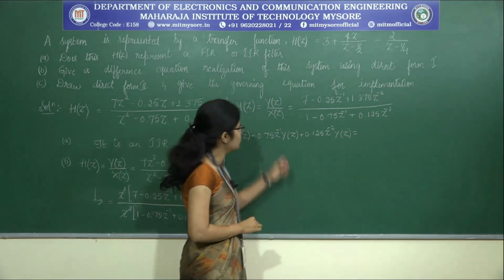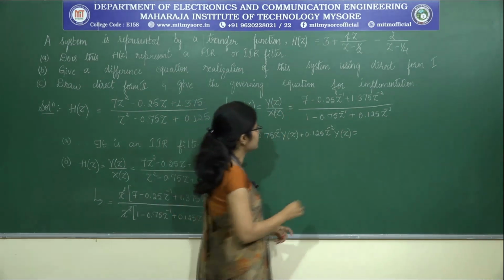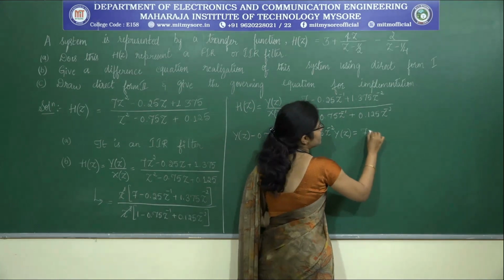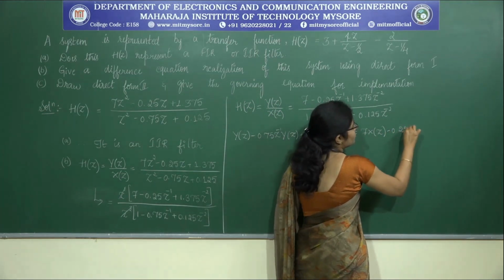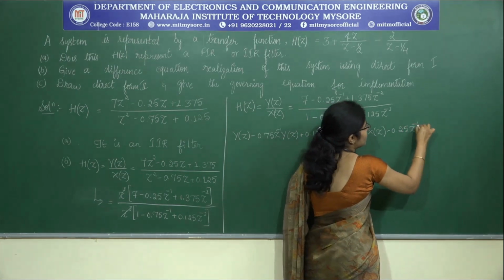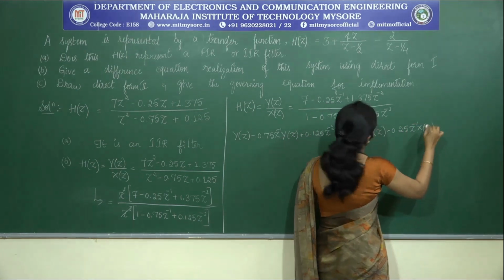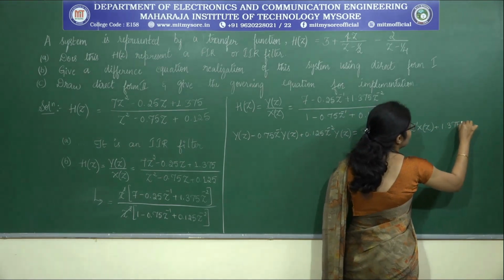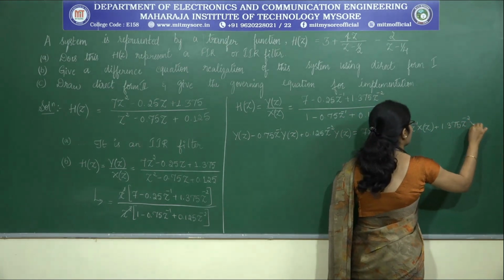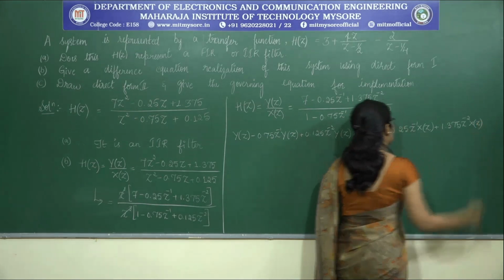This is equal to, cross multiplying X(z) to this term, 7 into X(z) minus 0.25z^-1 into X(z) plus 1.375z^-2 into X(z).